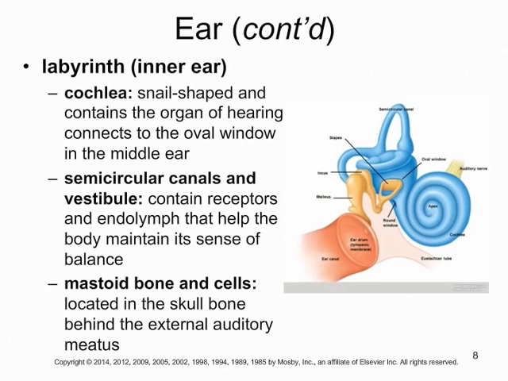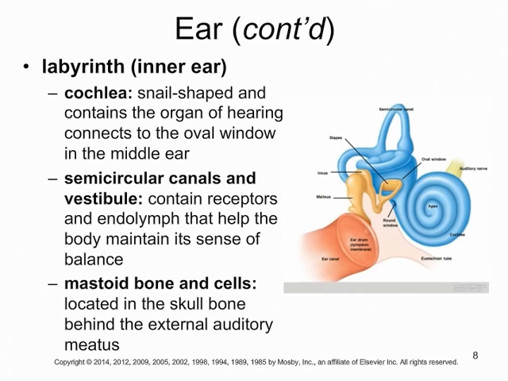When the three little bones in the middle ear, the ossicles, vibrate onto the oval window, that causes these little hairs in the cochlea to bend in certain ways, and then that information is transferred into impulses to the brain so we can interpret those sounds.